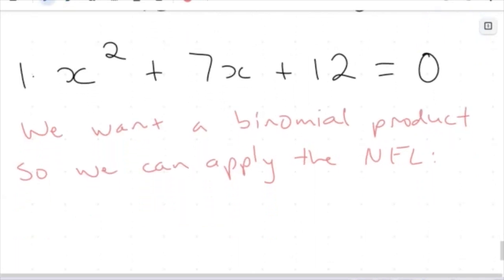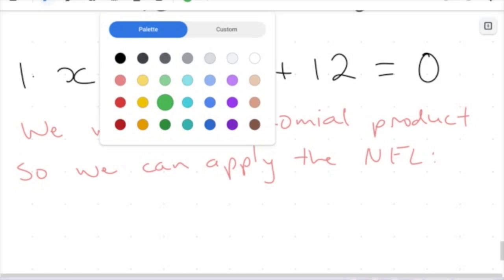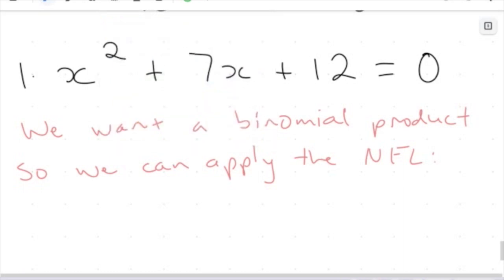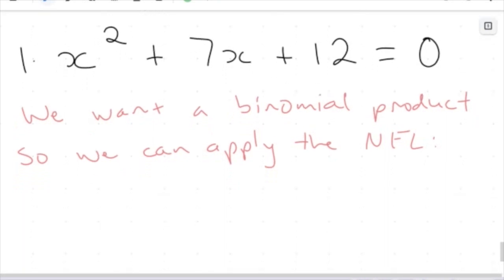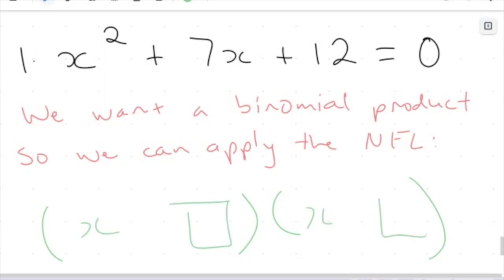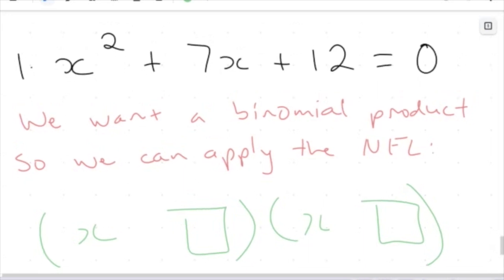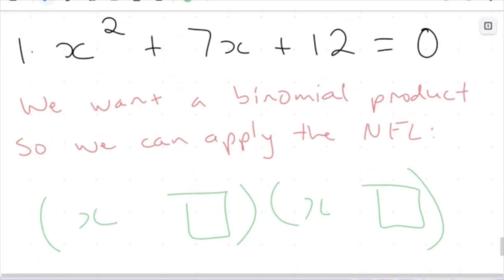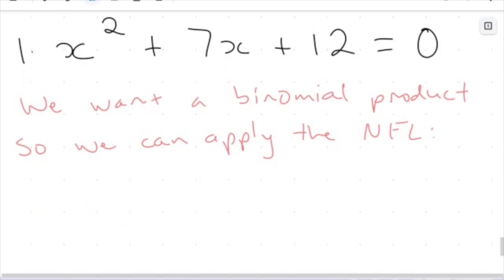But we remember from our previous work on factorizing quadratic expressions that the two factors we get, the terms in here, are two numbers that sum together to give me this coefficient and multiply together to give me my constant here.